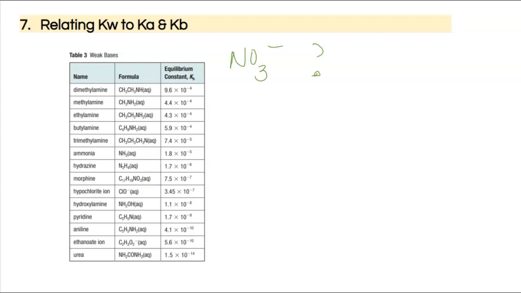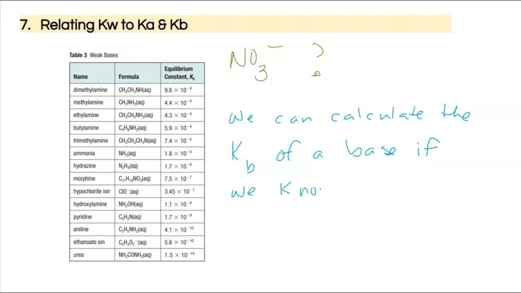Well, it turns out, and I'm going to write this out, that we can determine or calculate the Kb value of a base if we know the Ka value for its conjugate acid.